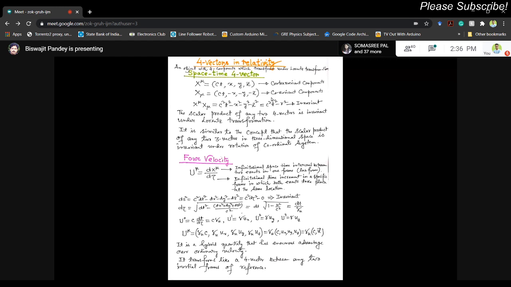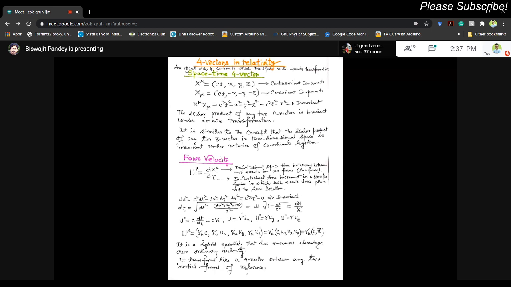But how do I calculate velocity in 4 dimensions? Especially when length and time are not the same in different frames, right? Suppose there is a particle which is moving from, say, point A to B, and there are 2 frames. One frame is at rest, another frame is moving with velocity 0.9 c along, say, the x direction.